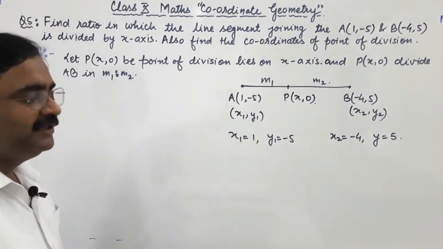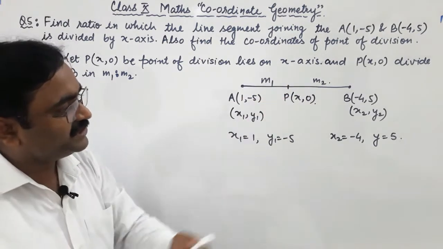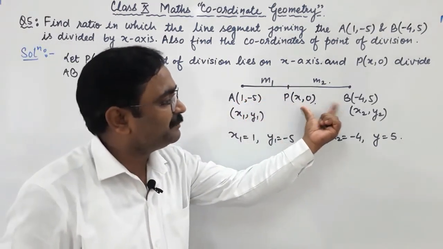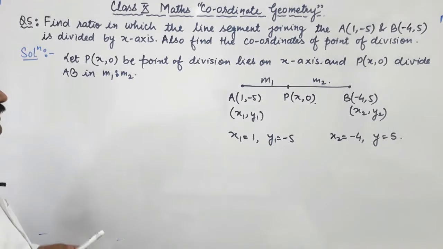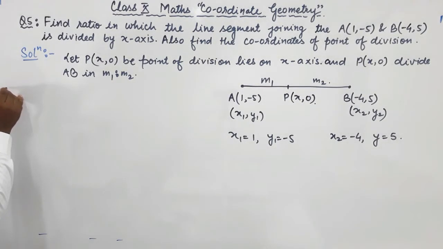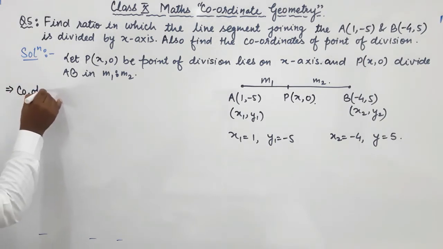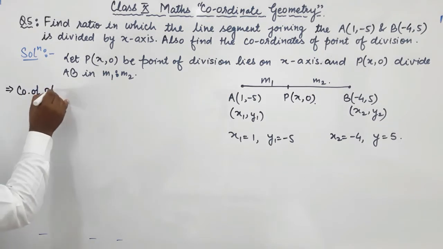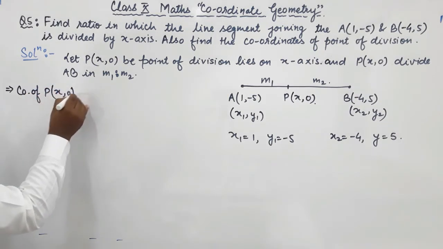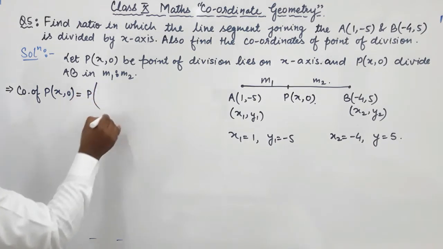So to find the ratio of this point of division, that is AP divided by PB, let us start solving. The coordinates of P, which is (x, 0), will be equal to the coordinates of P in the form of the section formula.